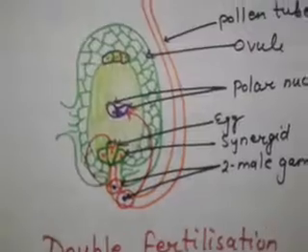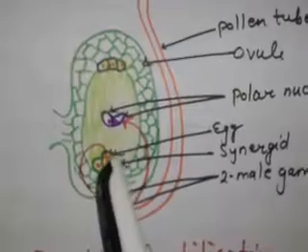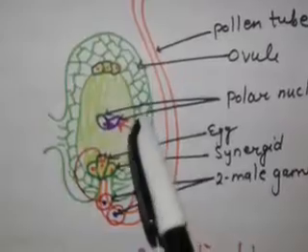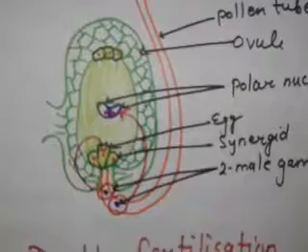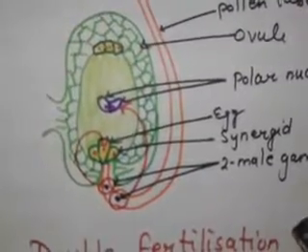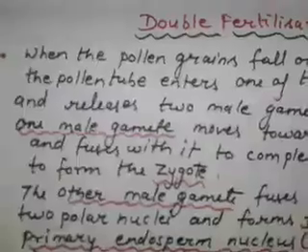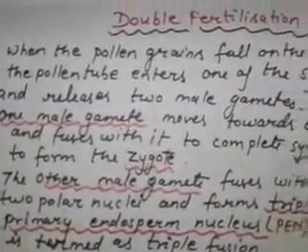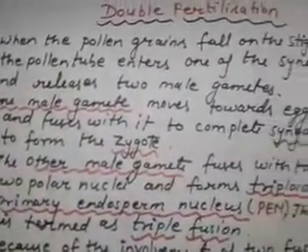Because of the involvement of two fusions, one with the egg cell and the second of the other male gamete with the two polar nuclei, this event is termed double fertilization. Clear everyone? Students, about double fertilization you can write from here, which I have discussed before.